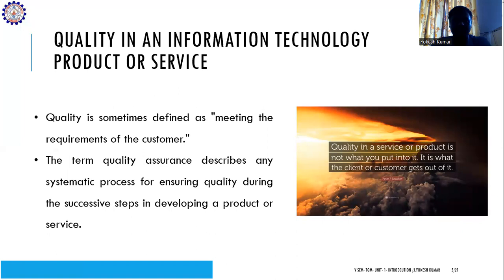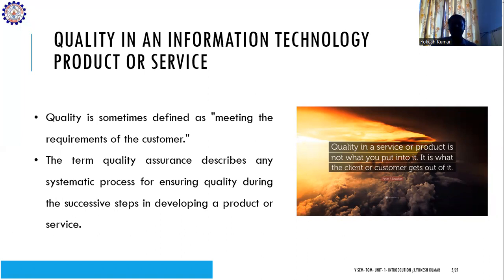Next we will see the applications of quality in various areas. The first one is information technology, product or service. Here quality describes any systematic process for ensuring quality during the successive steps in developing a product or service.